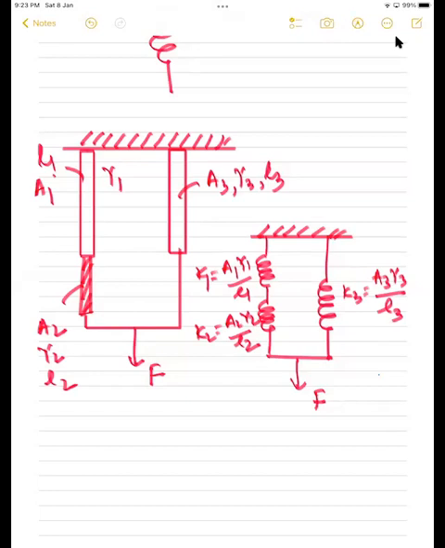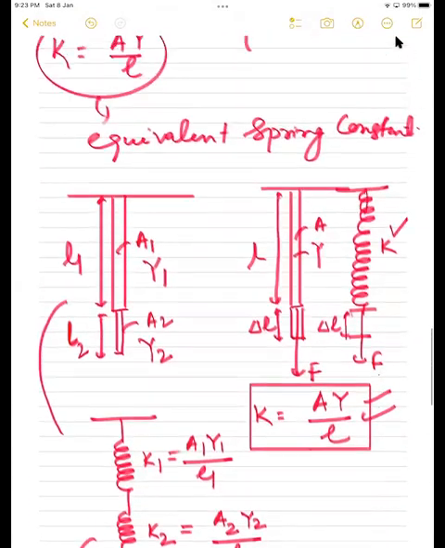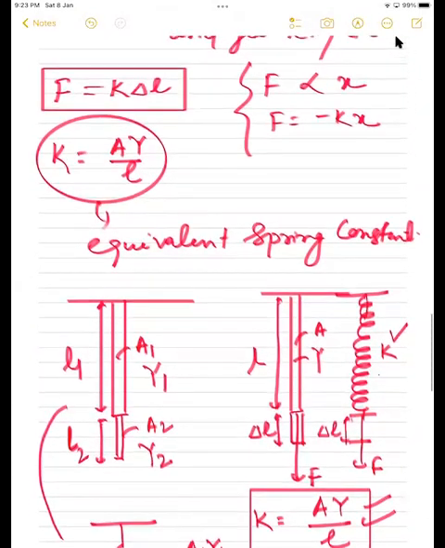Then you can deal with springs connected in series and in parallel. Understood all? Okay, then next, this was the case.